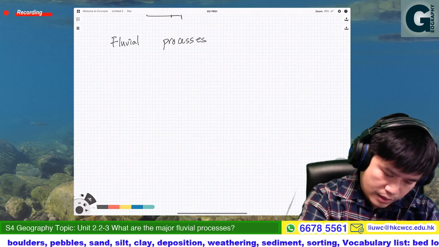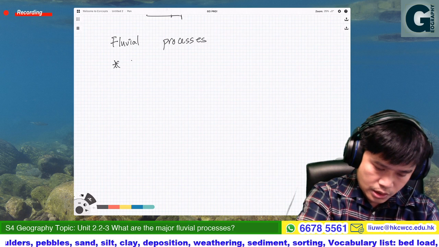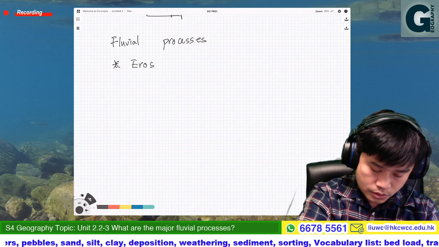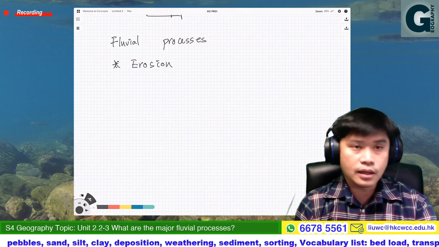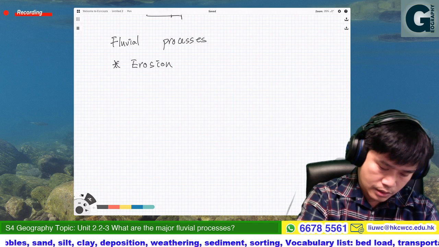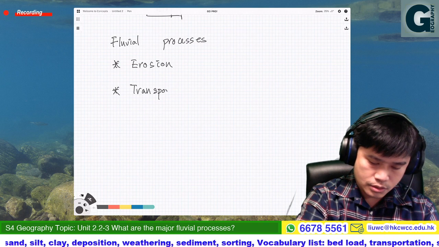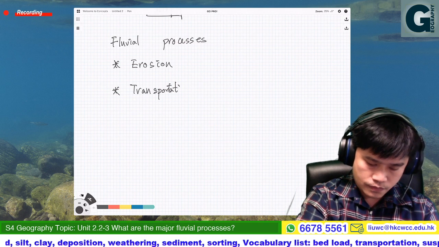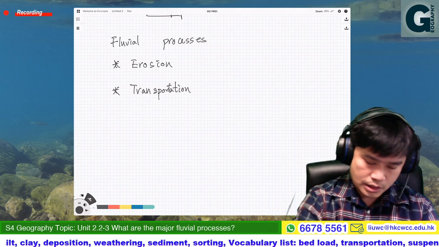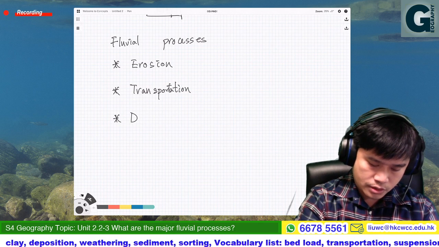We have already studied erosion in the previous chapter, and just now we talked about transportation. And right now we mention deposition.